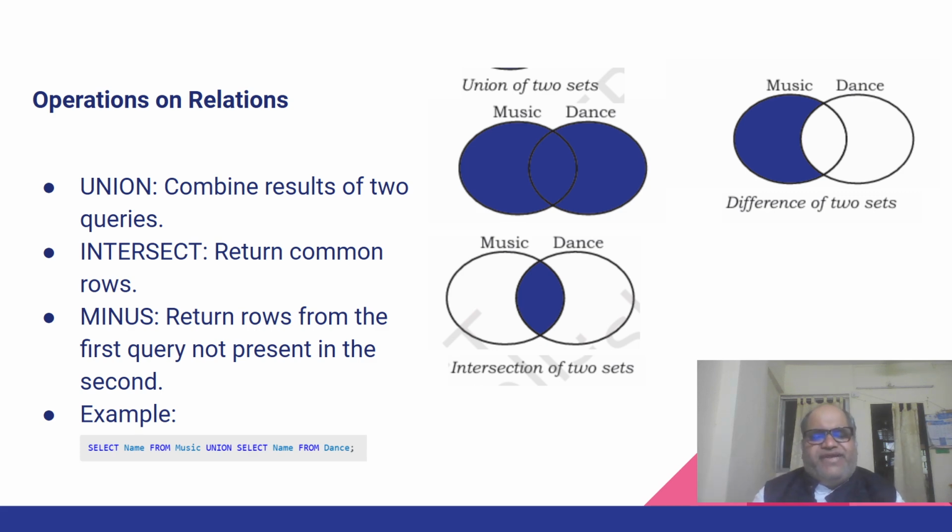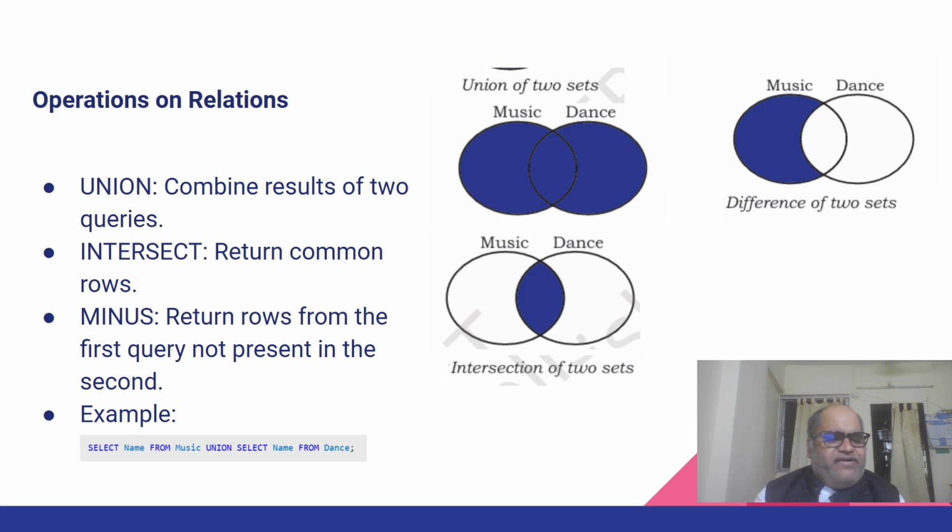Take music and dance. If you are selecting some records from music, some records from dance, by using intersect, you will only get the ones which are common across both the tables. Union will combine, while difference, which is A minus B, so music minus dance, will only show you those records of music which are not there in dance. So minus returns rows from the first query not present in the second.